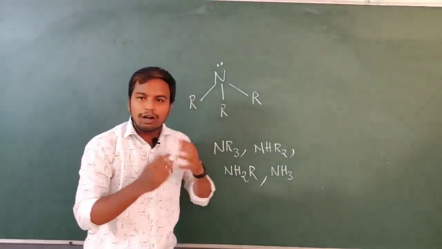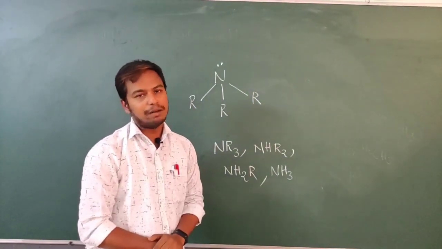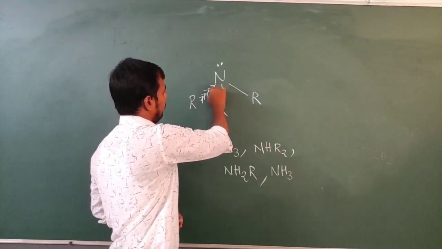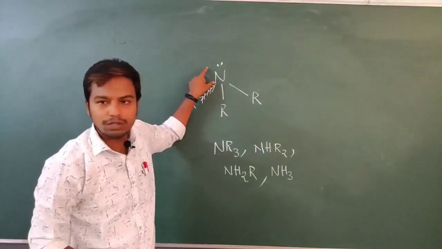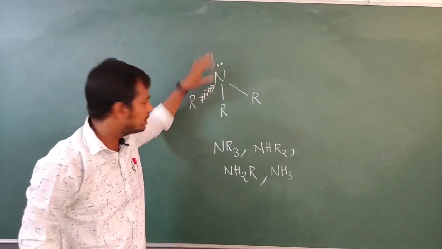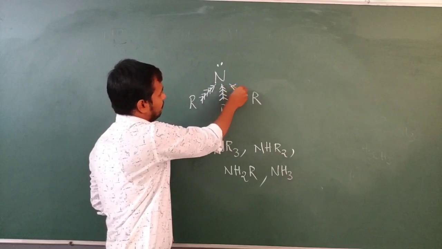If electron releasing groups are present, they will pass electrons through the sigma bond to the nitrogen atom, thereby increasing the electron density on the nitrogen atom. All the three groups will do the same.